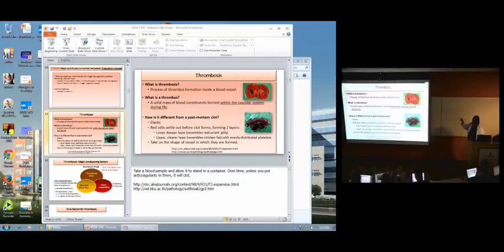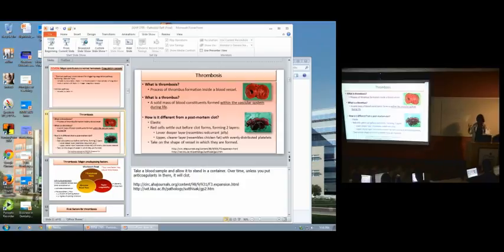While the thrombus tends to be more friable, it breaks up easily, this one tends to be a little more elastic. And another thing is that the postmortem clot tends to take on the shape of the vessel in which it was formed.